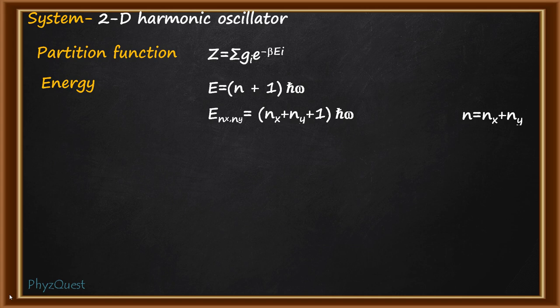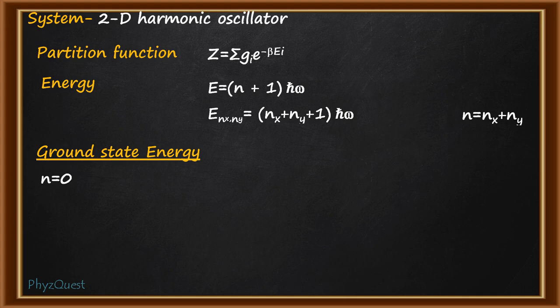Now we have to calculate the energy of the different states along with the corresponding degeneracy. That is, for each of the different states we have to calculate Ei and the corresponding Gi. Let's start with the ground state. For the ground state, the quantum number n is equal to 0.